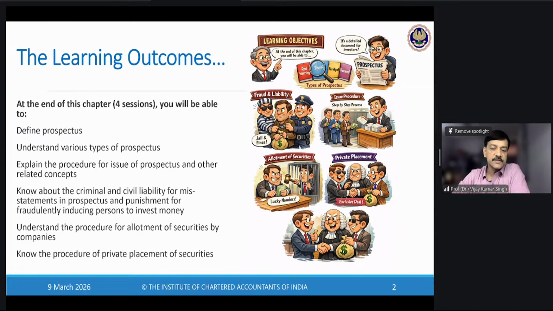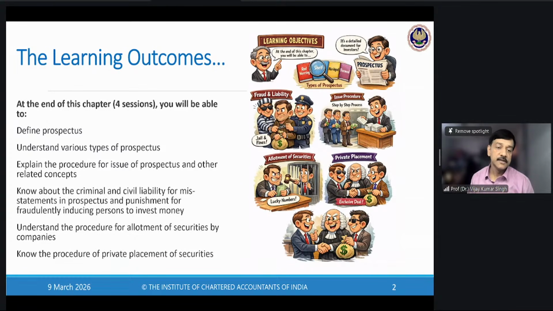It is a document which makes certain statements on the standing and background of a company. On the basis of these statements, people make investments, and hence whatever is communicated has to be true. If it is not true, then there are liabilities, which include both civil and criminal liabilities.